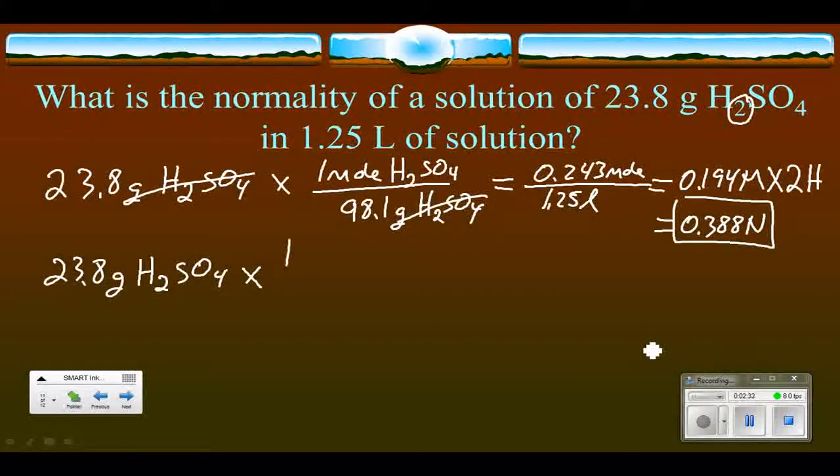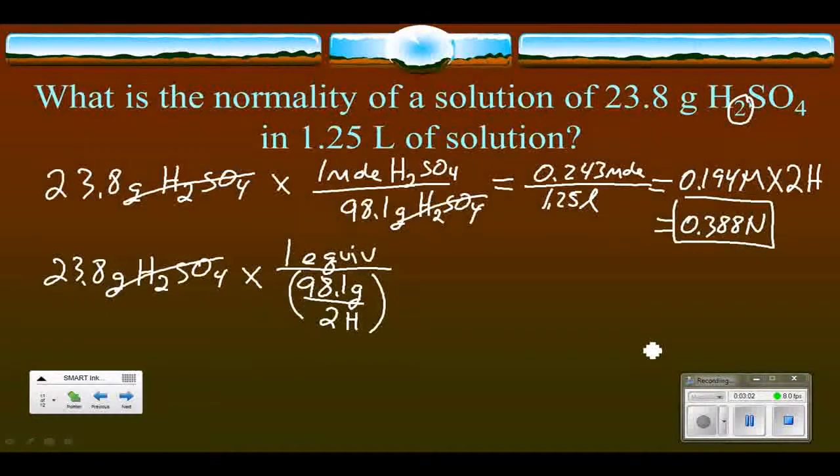One equivalent is equal to the molar mass divided by the number of hydrogens. So it's still 98.1 grams for the molar mass, but now we divide that by the 2 hydrogens. So it ends up being 23.8 grams of H2SO4 times 1 equivalent over 98.1 grams.